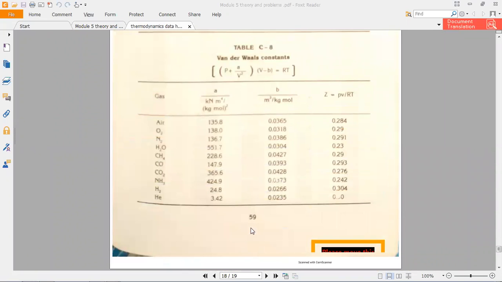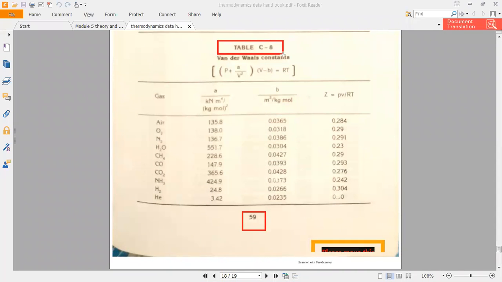See in page number 59, chart C8, you will get the van der Waals constants. The van der Waals equation is also available here. There is no need to memorize it at all.